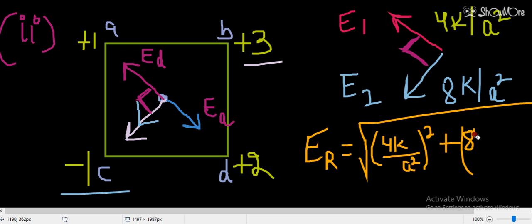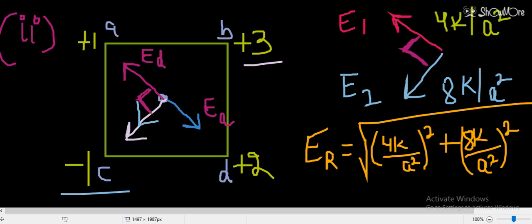So you can write it as E1 square plus E2 square plus 2 E1 E2 cos 90. But due to cos 90 the third term will be 0. That's why I am not writing the third term here. So 4 fours are 16, 8 eights are 64. So 64 plus 16 is 80.